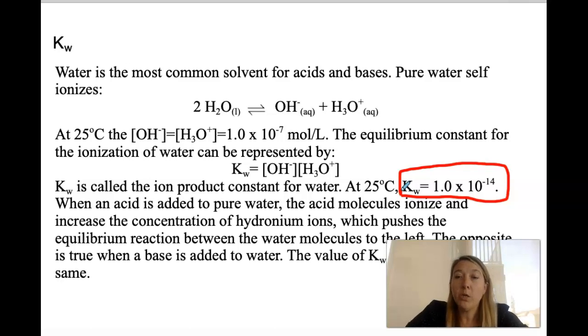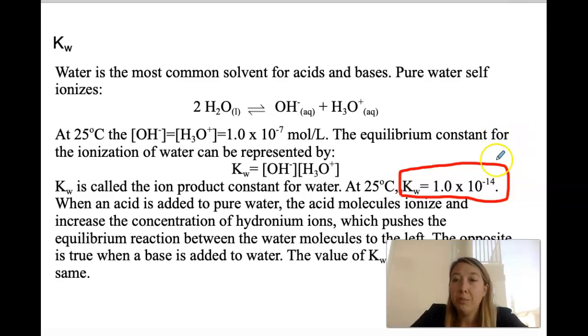So where would I use KW? I would use KW if I knew the hydroxide and I was trying to find the hydronium, or I knew the hydronium and I was trying to find the hydroxide. It's a faster way than what you would have done in Chem 20. In Chem 20 with a question like that, you would have taken the hydroxide, turned it into a pOH, which you then would have converted into a pH, which you then would have used to calculate the concentration of hydronium.